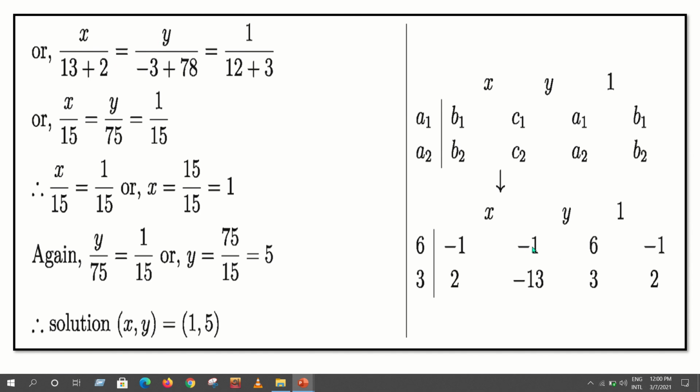Then y divided by minus 3, minus 65, and formula minus, that will be plus 78, and here will be 1 divided by 12 plus 3. Okay, and calculate, we will get x is equal to 1 and y is equal to 5. This is the required solution. Okay, you can apply this method or the previous method, no problem. Clear everyone?